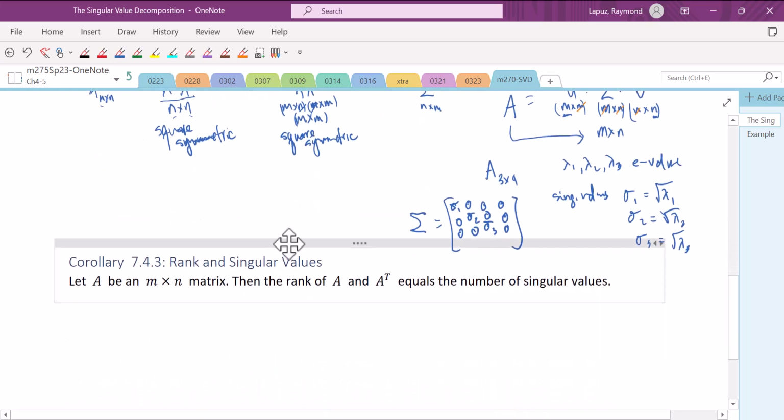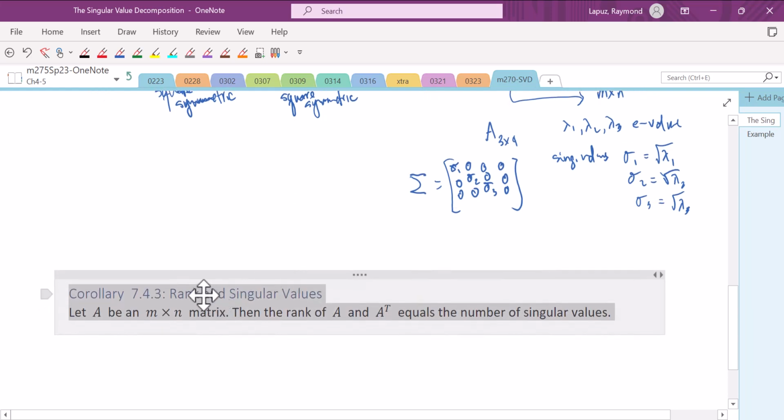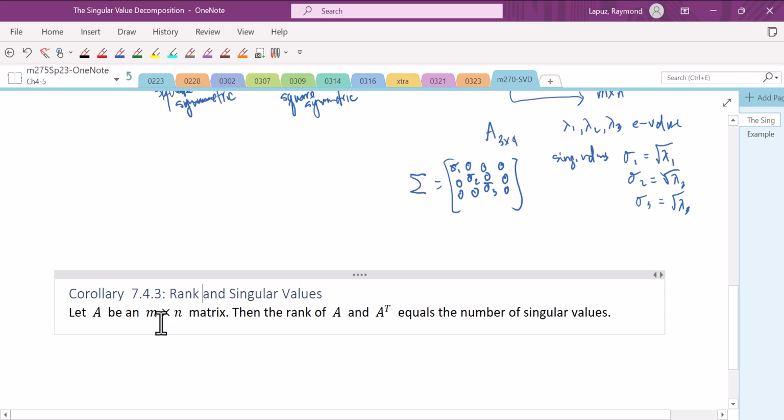Another important part that would be useful when we're creating these things is that the rank of your matrix A is going to be equal to the number of singular values. So the number of non-zero eigenvalues is going to be the same as the rank of your A. So if you know the rank of A, then you know to anticipate the number of singular values that you have.